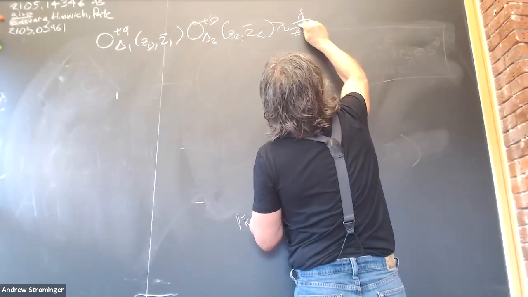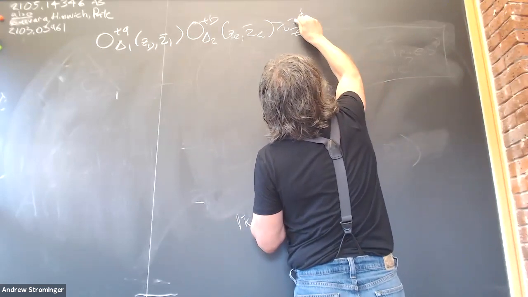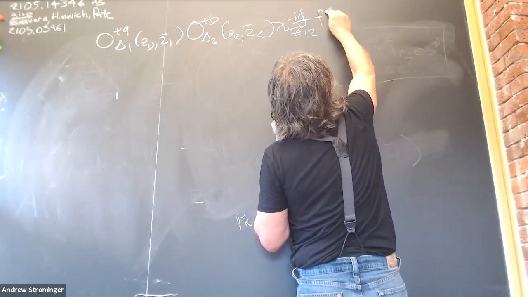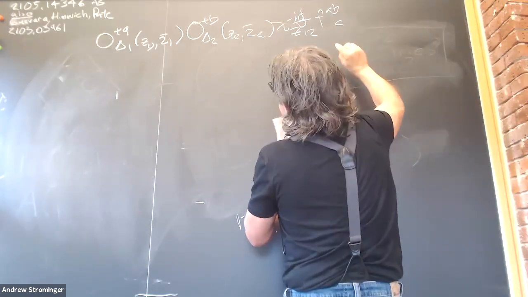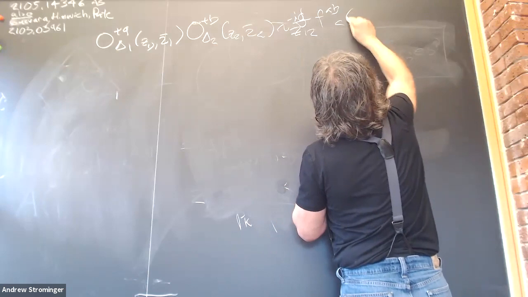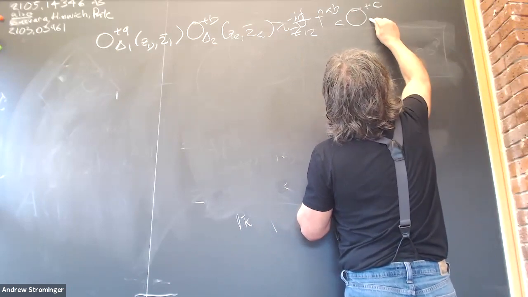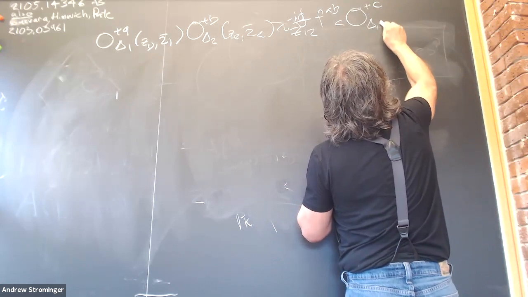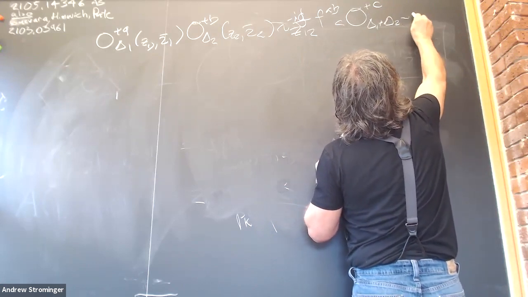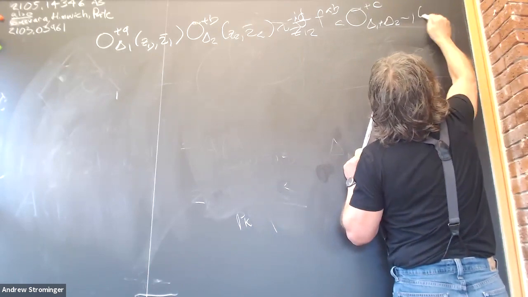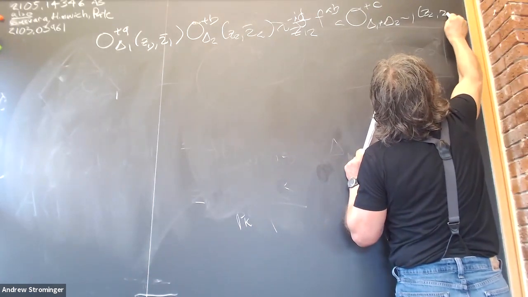Of course, the gauge coupling constant, there's a minus i, f A B C, O plus C, delta 1 plus delta 2 minus 1 of Z2, Z bar 2.